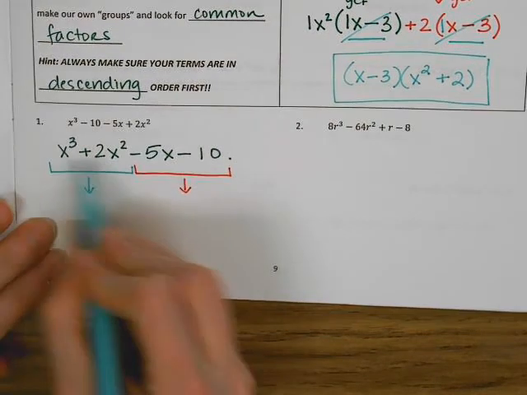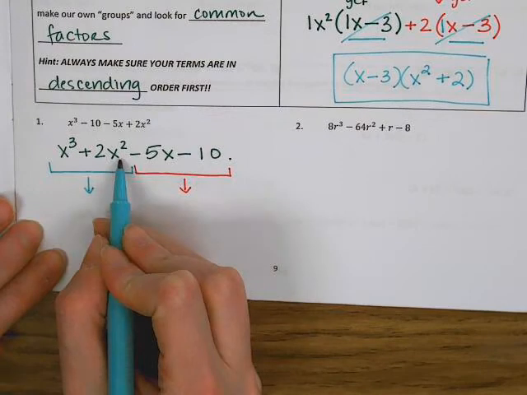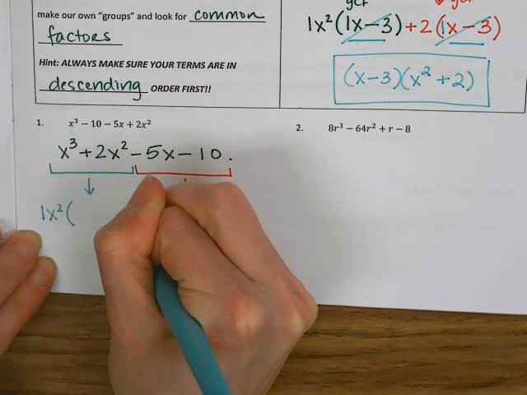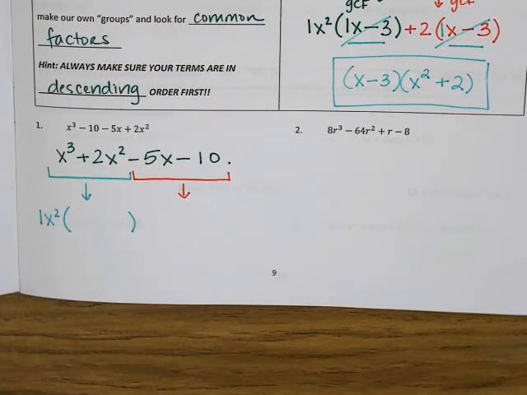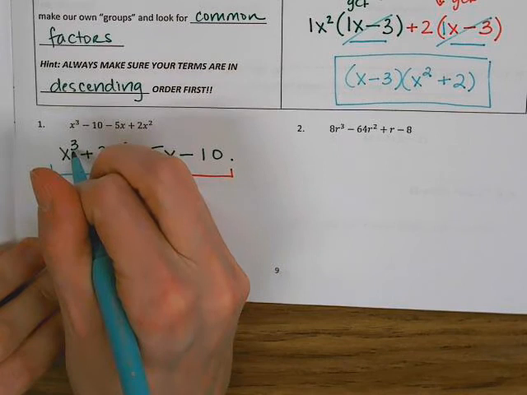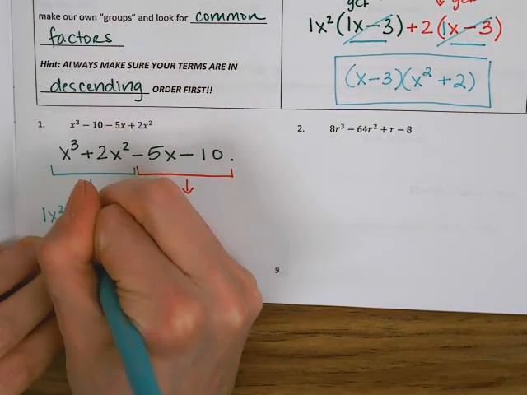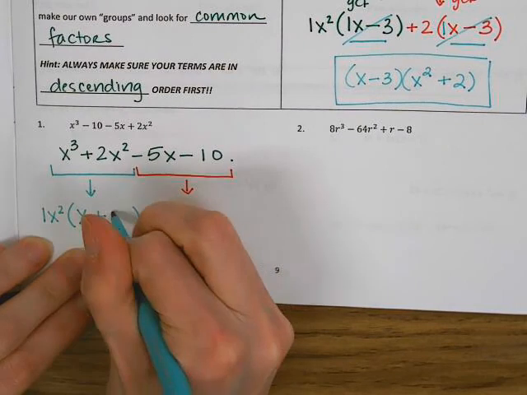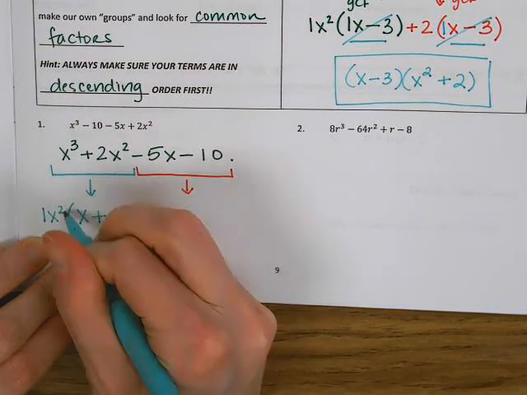What can you guys divide out of both of these? I would say a 1x squared. Now, when you divide that out, what's left? Well, x to the third divided by x squared is just 1x. And then 2 divided by 1 is 2. No x's left.